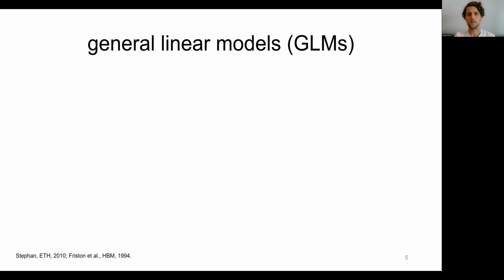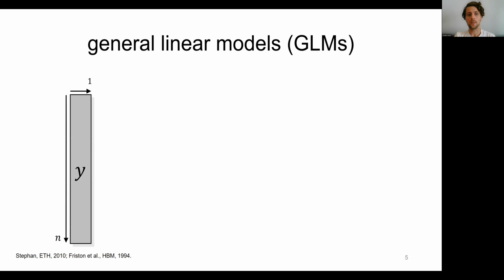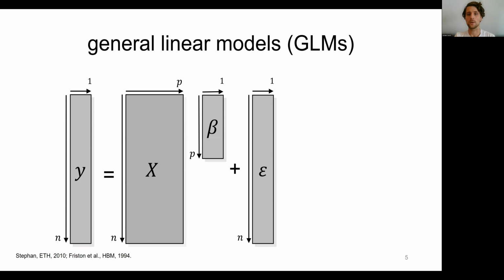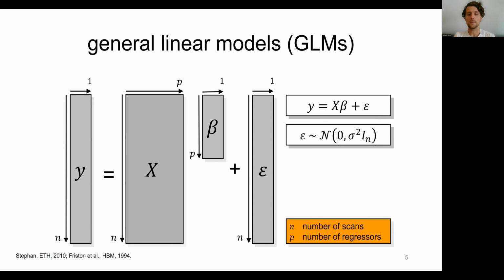Statistical analysis is usually performed using the general linear model, or the GLM, in which the bold signal is decomposed into variation coming from experimental conditions and potential confounds, which are collectively referred to as the design matrix X, weighted by some regression coefficients, plus some noise, which is always in the data and which we cannot decompose using our model.